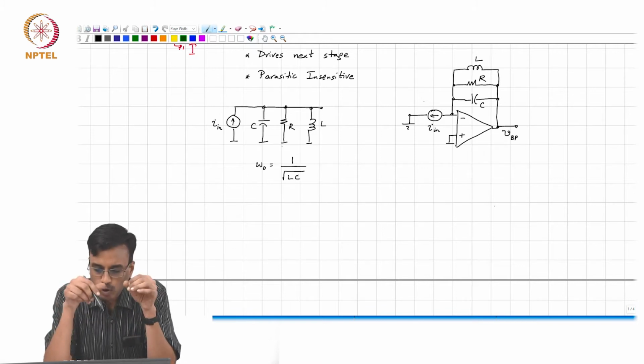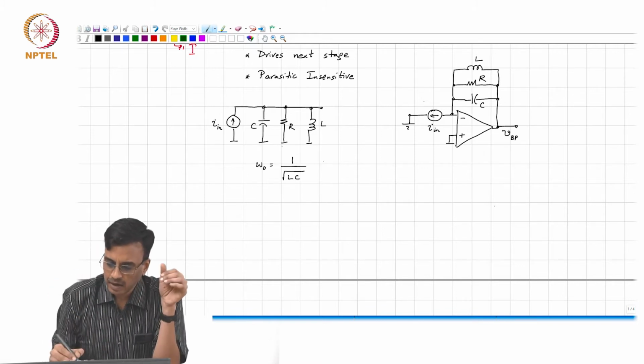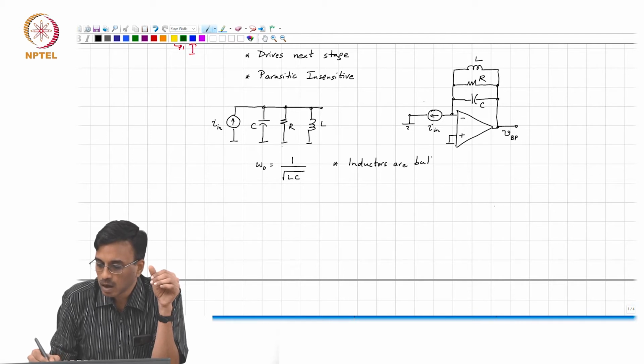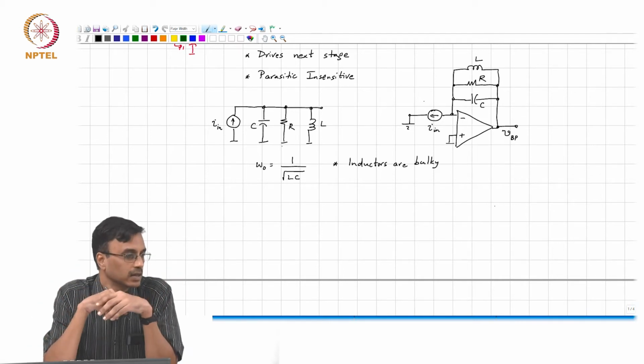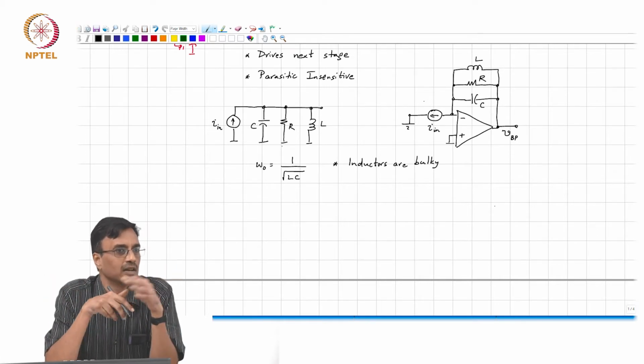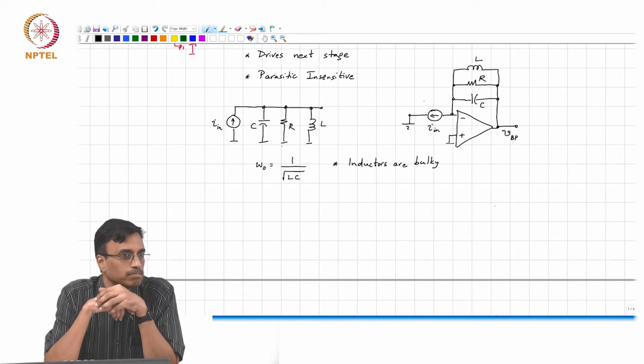So the problem is that inductors are bulky and expensive, and therefore are not suitable in a whole lot of applications that target frequencies that are small.